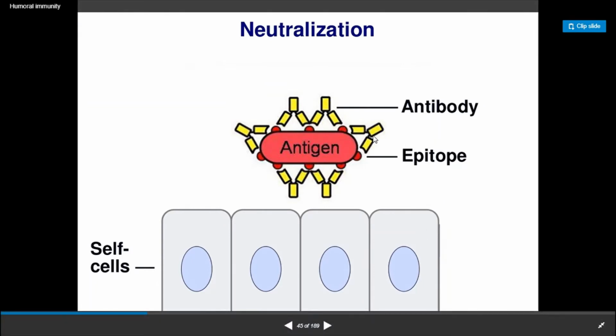These antibodies are interacting on the antigens and their epitopes and don't allow the antigens to enter the cells, and they are able to distinguish between these foreign pathogens and our own cells. This is self-recognition.